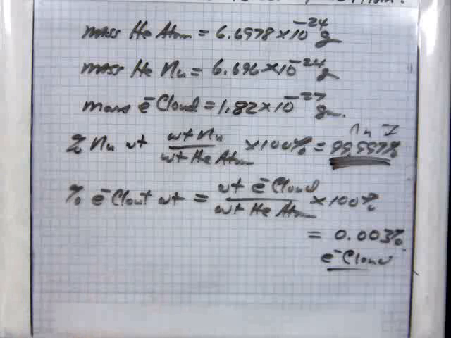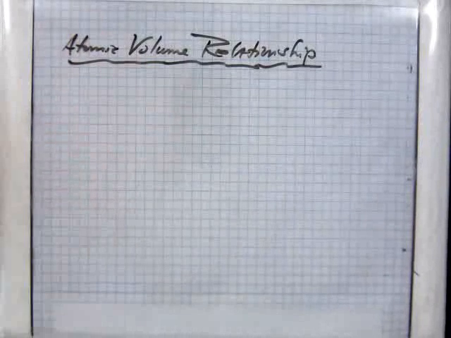Now the question is, if we consider that it takes 100,000 nuclei to go across the atom to make a diameter of one atomic diameter, then you can ask the question, how many nuclear diameters does it take to fill up one average atomic volume?